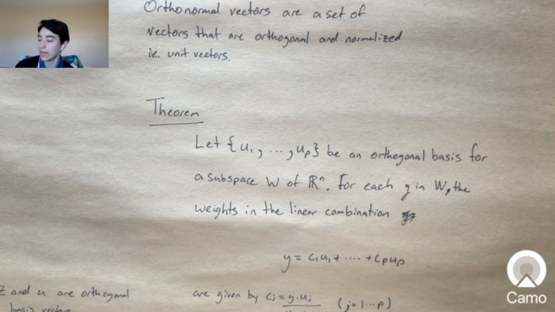So let's say we have the set of vectors u1 through up, and let's say that they are an orthogonal basis for a subspace W that exists in Rn.